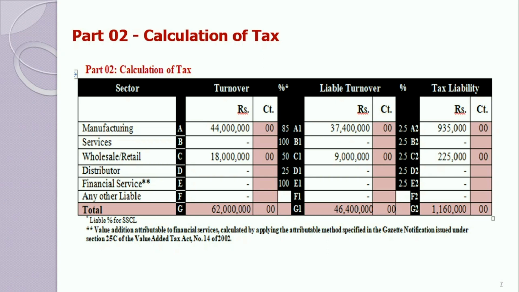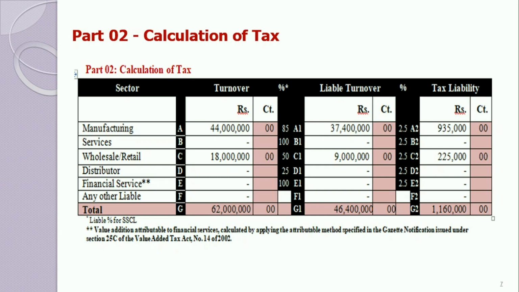In respect of the manufacturing business, the liable turnover is 85% of the turnover, and in respect of the wholesale and retail sale, the liable turnover is 50% of the total turnover for that quarter.